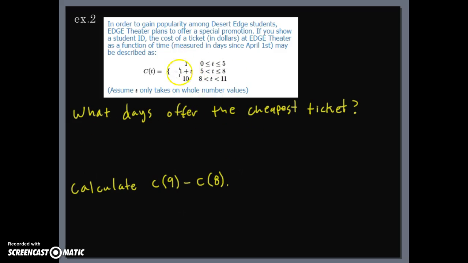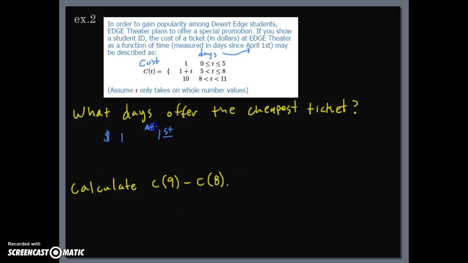The first thing we're going to do is convert the first piece. We know that we're talking about cost, and we know that we're talking about days from April 1st, right? So these are all days. So our cost here for the first, or the top part, is going to be $1. And 0, obviously, is going to be our April 1st.